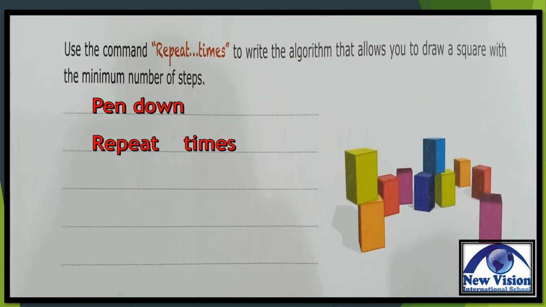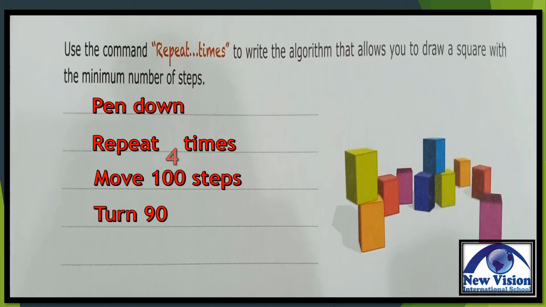This includes move 100 steps and turn 90. But how many times are we going to repeat move 100 steps and turn 90? Based from exercise number 1, and since the square has 4 sides and 4 angles, we're going to repeat these commands 4 times.